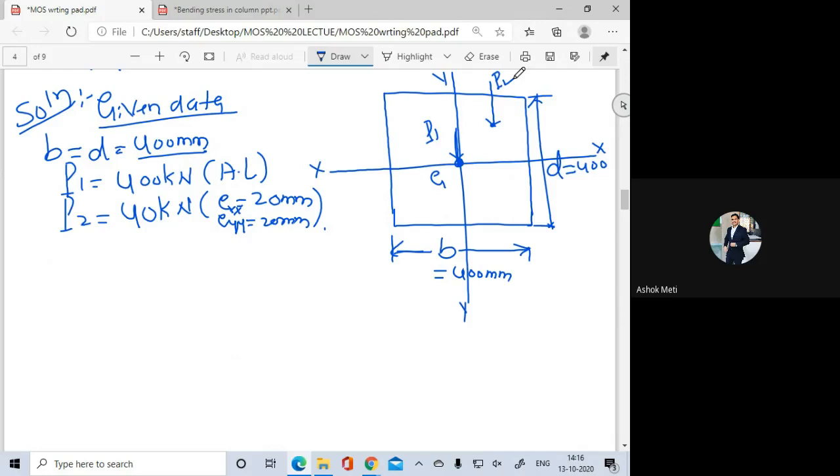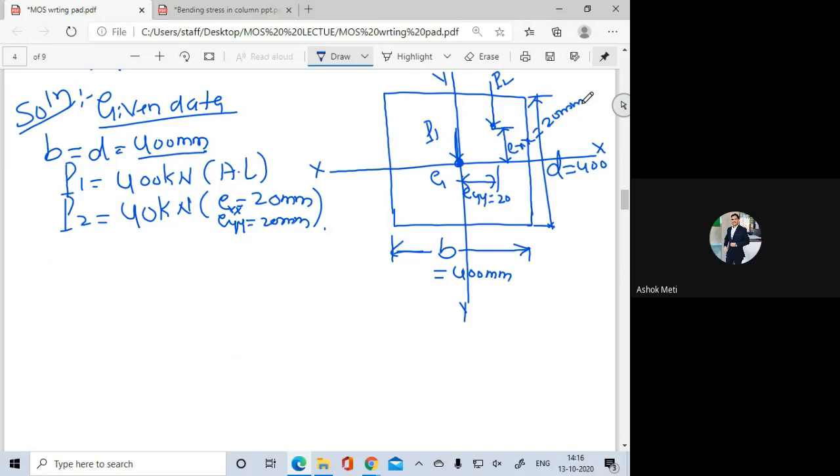P2 acts at a distance of 20 mm about y, that is e_yy, and about the x-axis, that is e_xx, it will also be 20 mm. With respect to both axes, the eccentricity will be 20 mm.